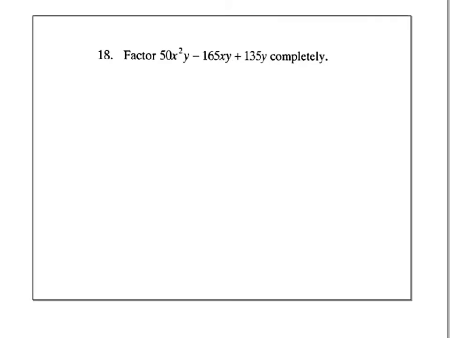Question 18, we're factoring completely. So again, GCF is really crucial here. I've got a 50, a 165, and a 135, which means I'm probably looking to divide them all by 5. Now, if I look at the variables, an x squared y, an xy, and a y, they each have a y, so I can take that y out.